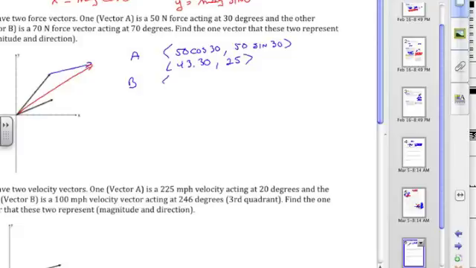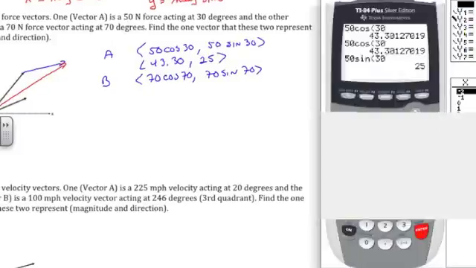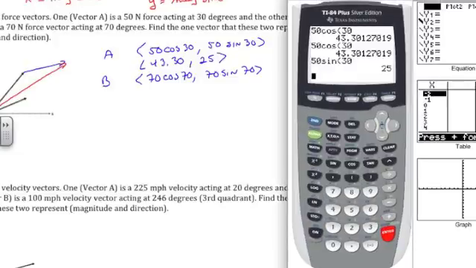70. So for this one, it's going to be 70 cosine of 70 and 70 sine of 70. Okay, so I'm going to do 70 cosine of 70, which is 23.91.